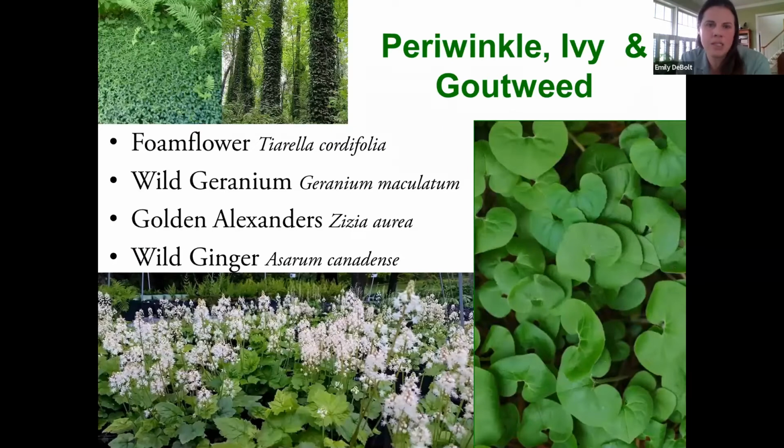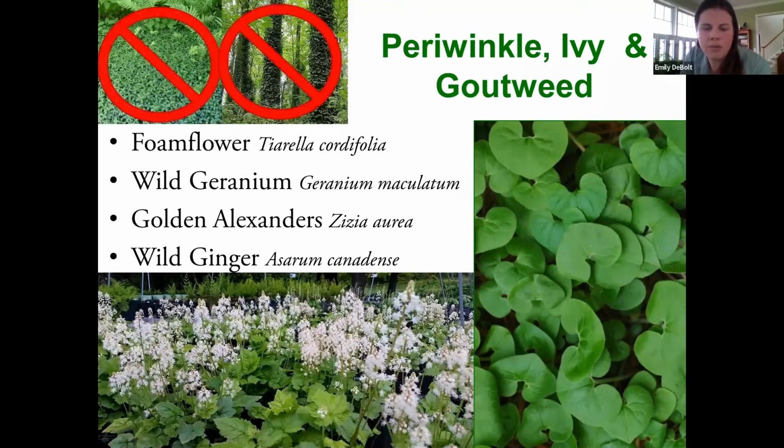So instead of things like goutweed or periwinkle or vinca or ivy, we have lots of beautiful native ground covers for shade, and these are all pretty readily available. Foam flower is something you can most definitely find. Wild geranium, golden Alexanders is getting easier to find, and wild ginger as well. So there's lots of great options out there instead of these other things.